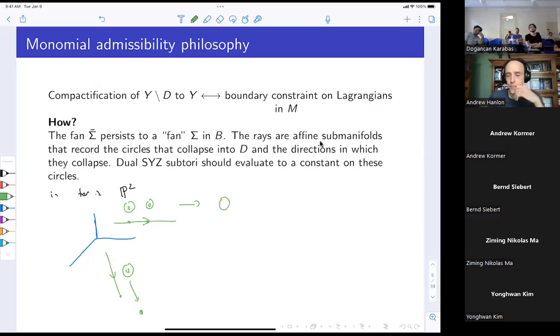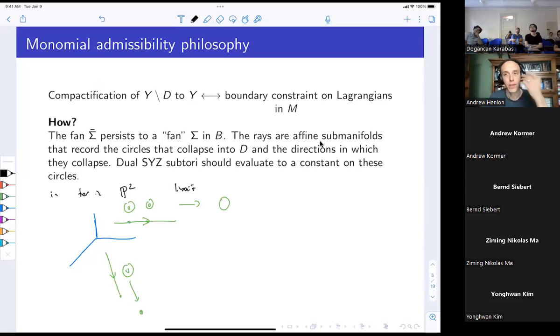I'm specifically trying to not draw the moment polytope, because I want to think about this YD entirely on the B side. So here I'm drawing the fan, and I'm pictorially representing something that looks like if I had added in a boundary at infinity, but really here I'm taking a limit on a one parameter subgroup.